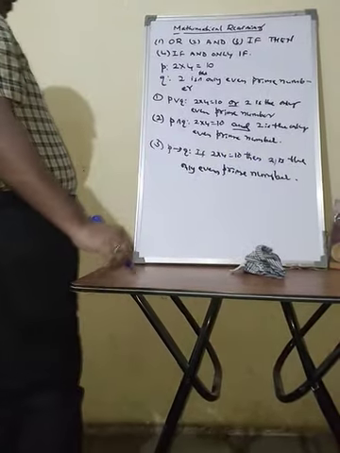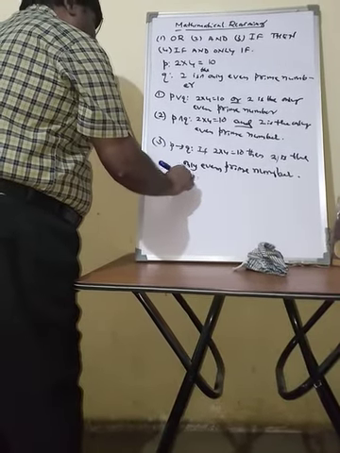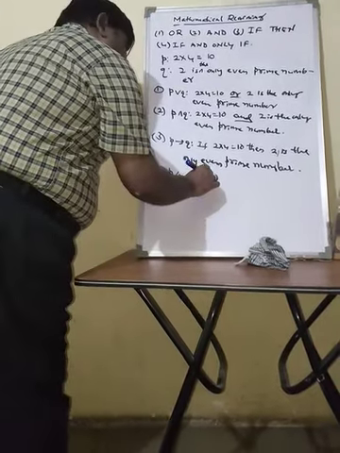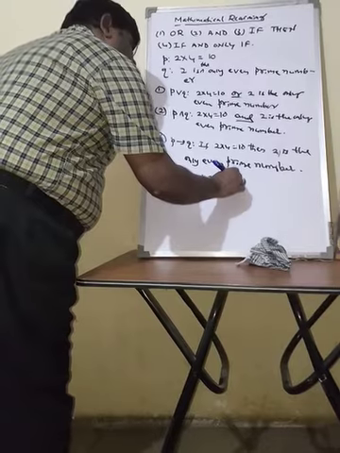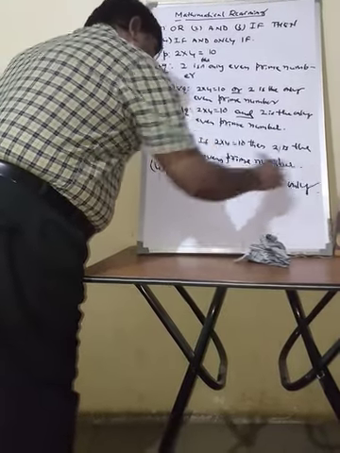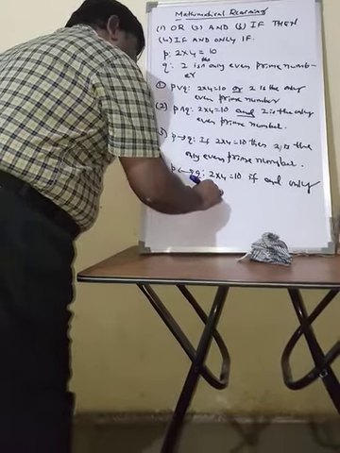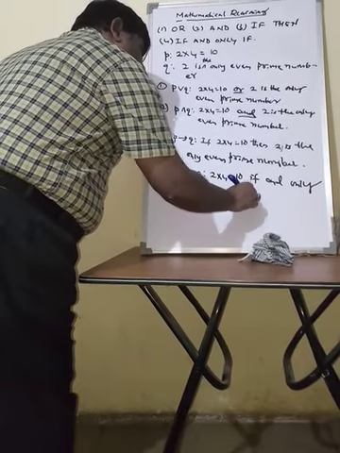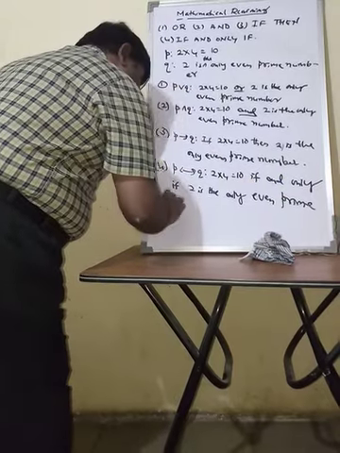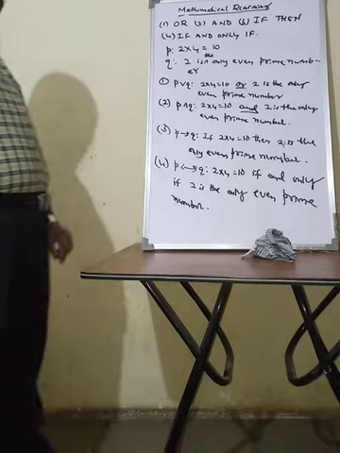Fourth one, P double arrow Q: 2 into 4 equal to 10 if and only if 2 is the only even prime number.